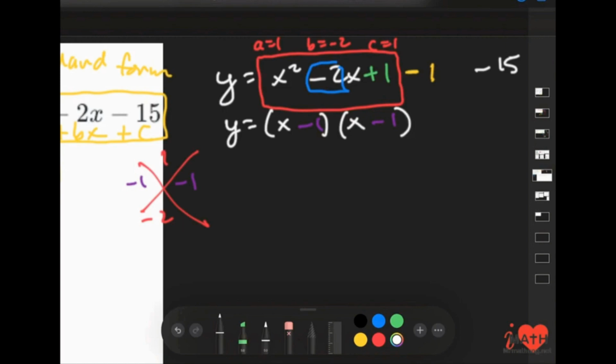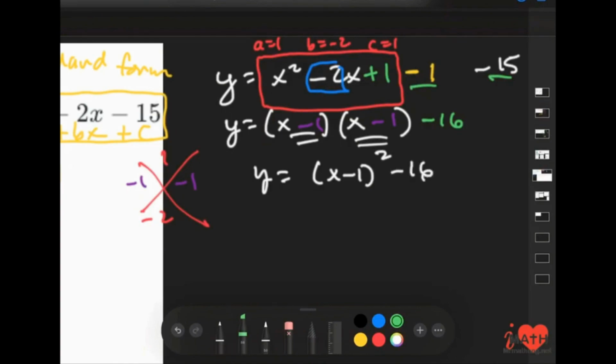Okay, out here you have negative 1 and the negative 15 equals negative 16. Negative 1 minus 15 is negative 16. Okay, then you just put it together. This is how you know you're doing it correctly. You have two of these that are the same expression squared, right? And this is my answer.